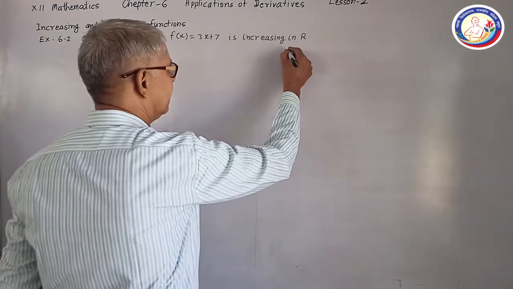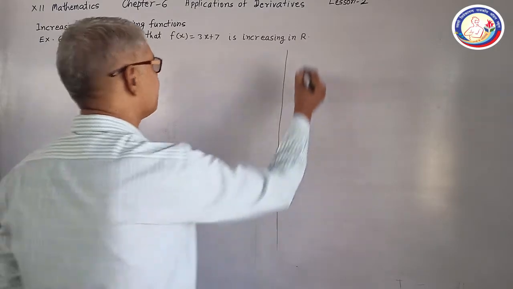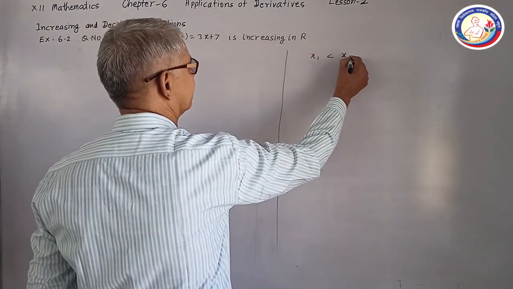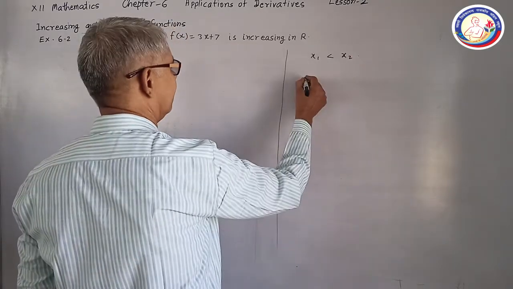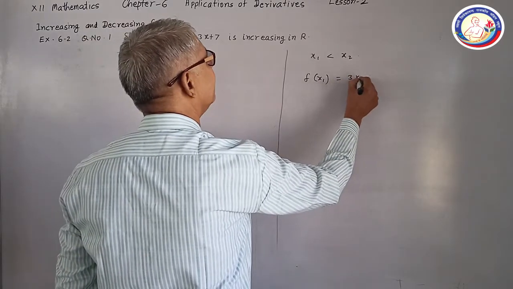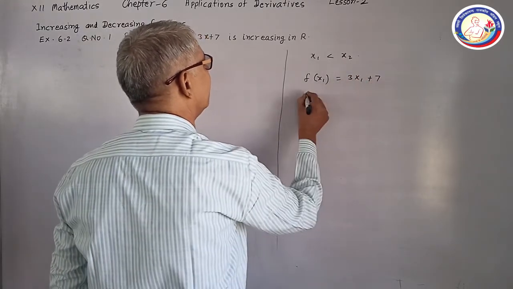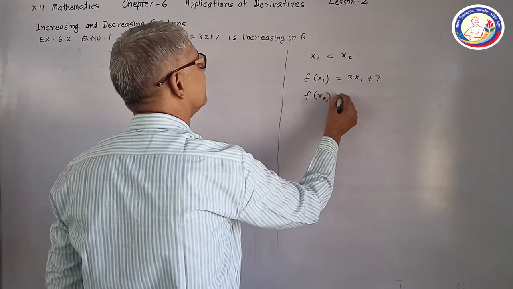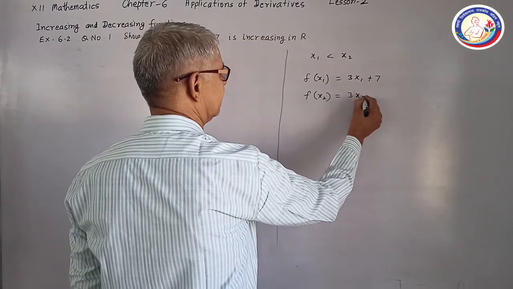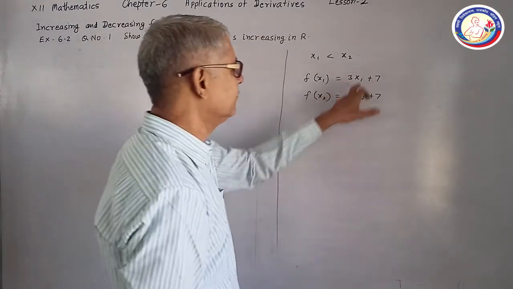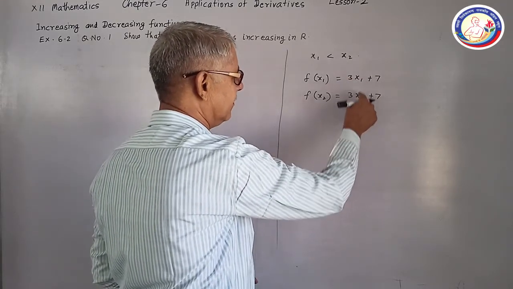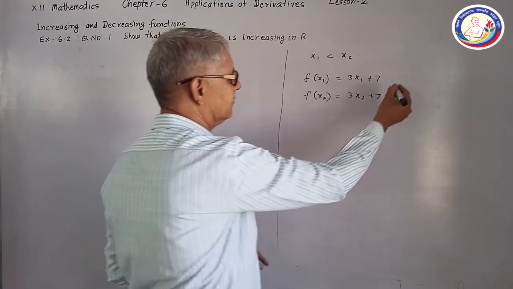So first of all, we understand it by our general way. Say x1 is less than x2. What will be f(x1)? It will be 3x1 plus 7, and the value of f(x2) will be 3x2 plus 7. If we compare these two, 7 is equal to 7, so compare 3x1 and 3x2.